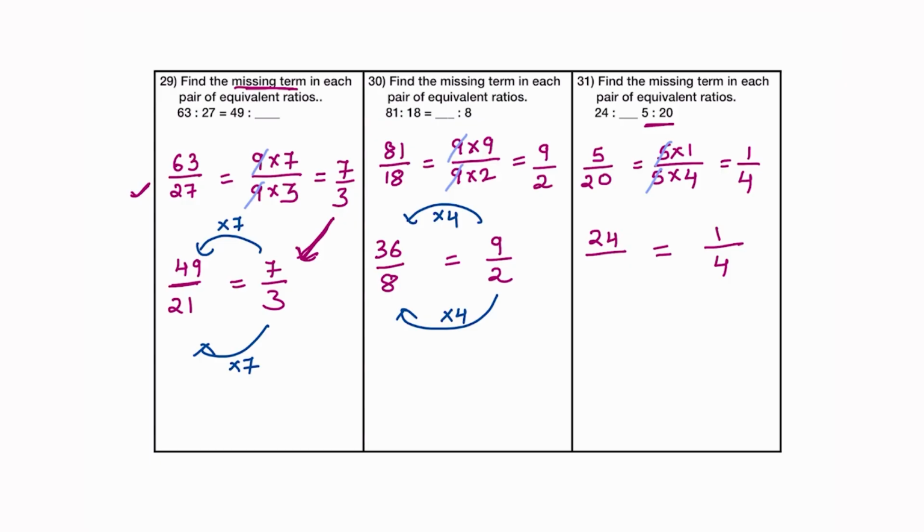To go from 1 to 24, you multiply with 24. Same thing here, you multiply with 24. 24 times 4 is 96. Or in this case, because this is 1 over 4, you need 1 to 4, right? Like times 4. Then you could do 24 times 4 and get 96.